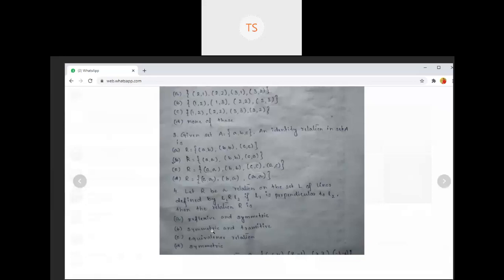Suppose you have an ordered pair A comma B, then another ordered pair B comma C, then you must have an ordered pair A comma C. In terms of perpendicular lines, if L1 is perpendicular to L2 and L2 is perpendicular to L3, can we say that L1 is perpendicular to L3?